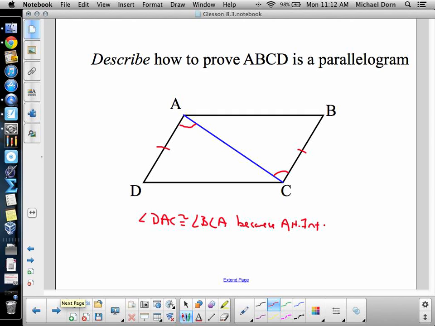But actually, we're given that they're congruent, aren't they? So since we're given they're congruent, what does that tell me? Which sides are parallel? AD is parallel to BC because of alternate interior angles, and we're also given that AD is congruent to BC because it's given.